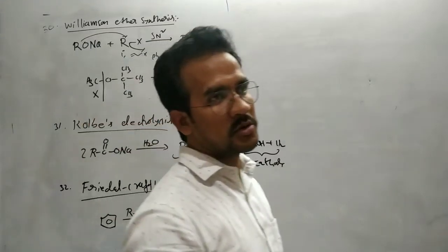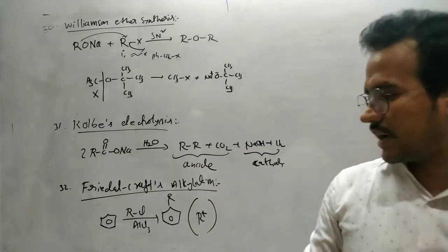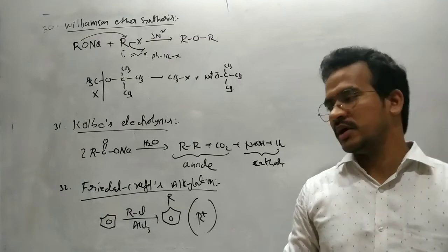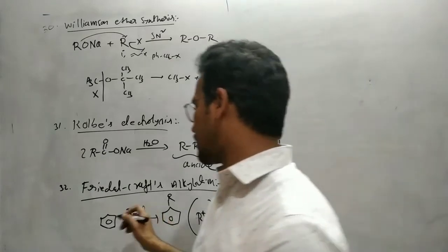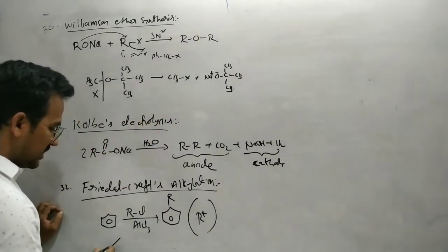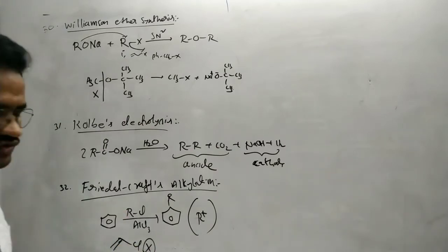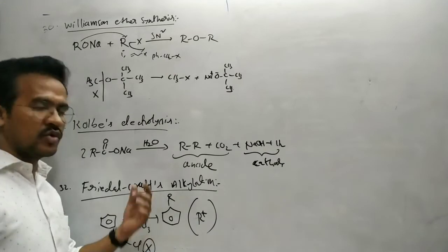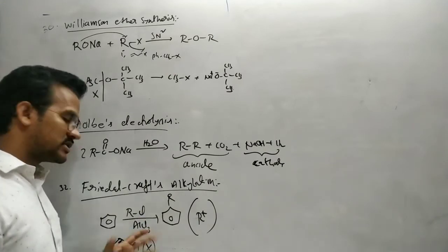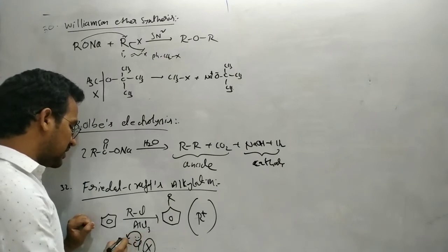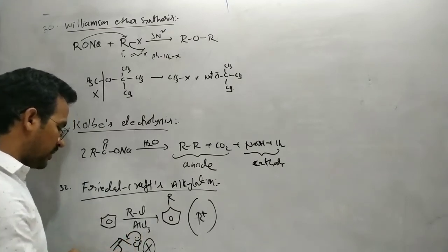In this case, R plus is the electrophile, that means the carbocation is the electrophile, so there is a possibility for rearrangement of this carbocation. Here the alkylating agents are alkyl halides. Vinyl halide is not suitable for introducing a vinyl group on the benzene, because we cannot get the carbocation due to pi lone pair resonance.